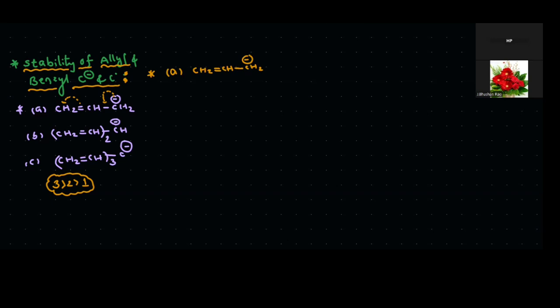Next, CH2=CH minus CH3 group. Next, CH2=CH bond CH3 bond CH3 minus.